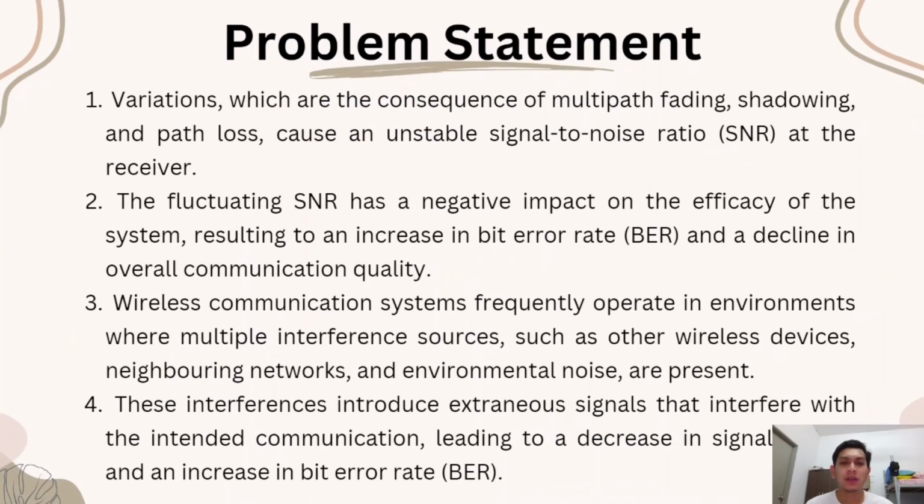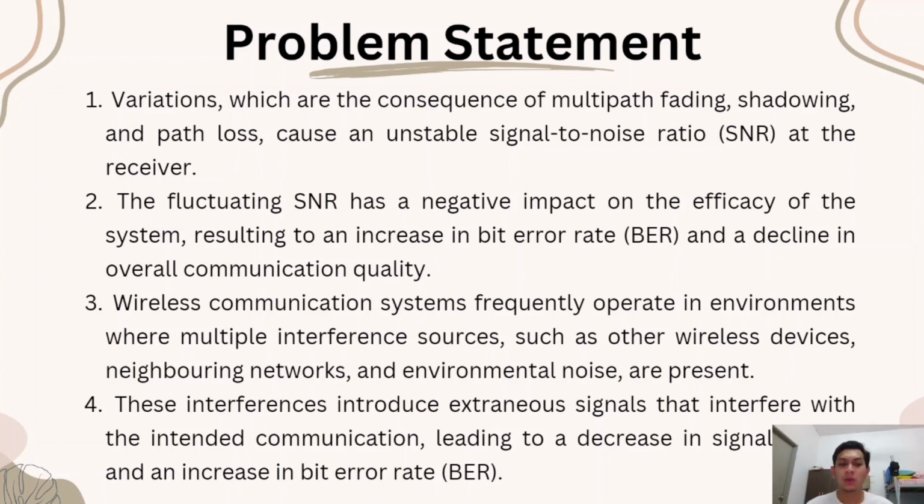So this is my problem statement. Number one, variation, which is the consequence of multipath fading, shadowing and path loss, causes an unstable signal-to-noise ratio, which is SNR, at the receiver. Second, the fluctuating SNR has a negative impact on the efficiency of the system, resulting in an increase in bit error rate (BER) and a decline in overall communication quality.